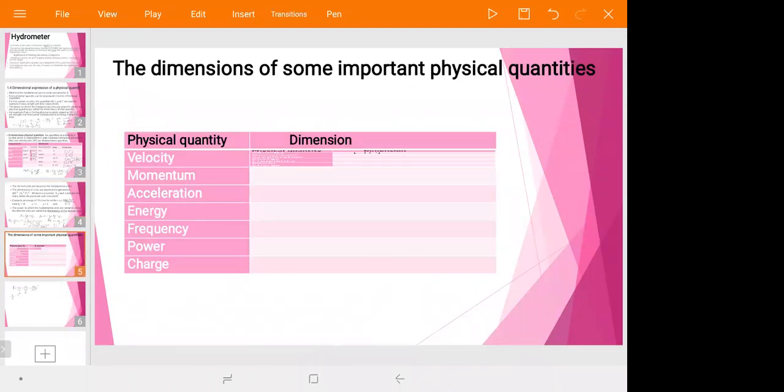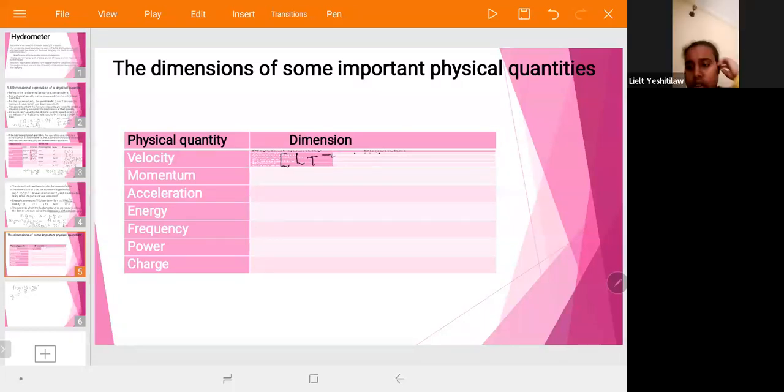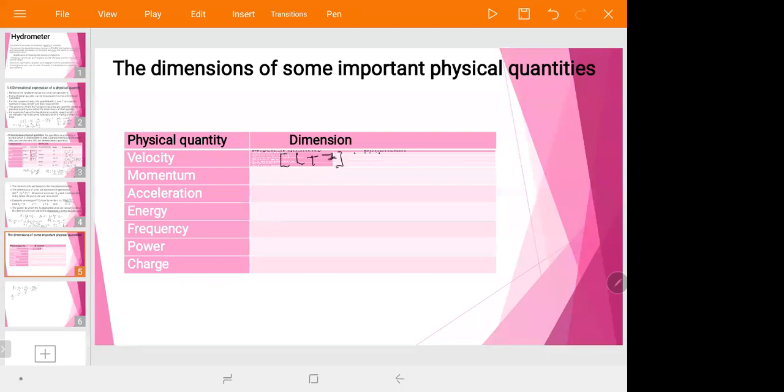For example, some dimensions of important physical quantities: the dimension of velocity, the same as the dimension of speed. What is the dimension of velocity? LT minus 1. Velocity is equal to displacement over time taken.